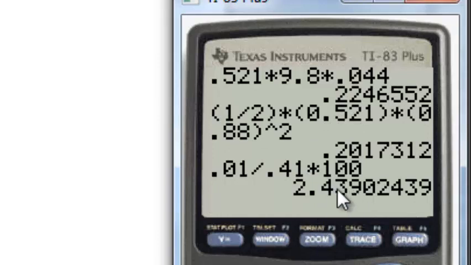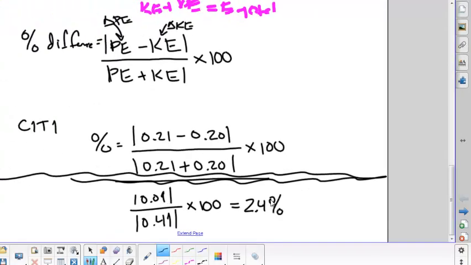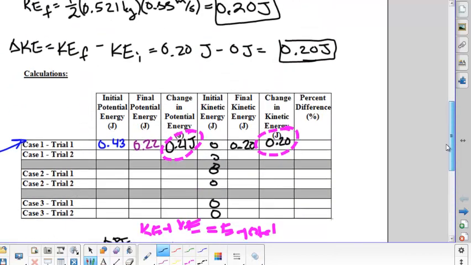I'm going to round this, so this is less than 5, so it's going to be 2.4. That is impressive. That is barely any percent difference, so barely any energy was lost. In fact, if you are less than 5%, it's pretty good. We're pretty happy about that. So I'll come on up, and for my percent difference, I get 2.4.